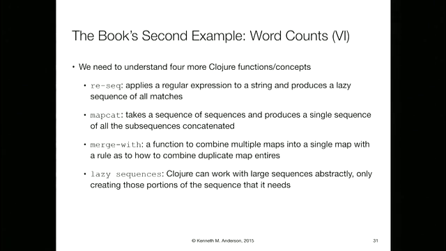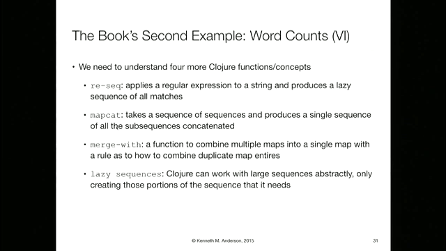But basically, it's a way of saying, here's a pattern. Tell me if the pattern is present in this string. And a regular expression matcher will either say, yep, the pattern appears right here, or it doesn't appear. And what this will do is, if the pattern appears multiple times, we get a sequence of all the matches out of re-seq. And we'll see what this means in just a minute.